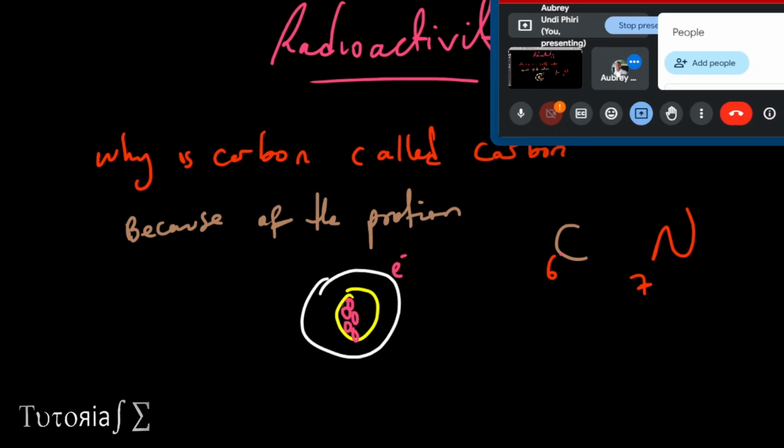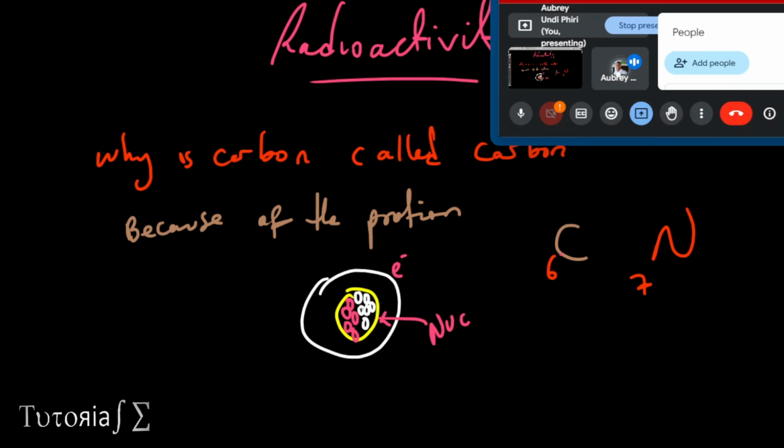The nucleus has protons, and it also has neutrons. The number of neutrons does not matter for the name. But for the stable carbon, there are 6 protons and 6 neutrons: 1, 2, 3, 4, 5, 6.